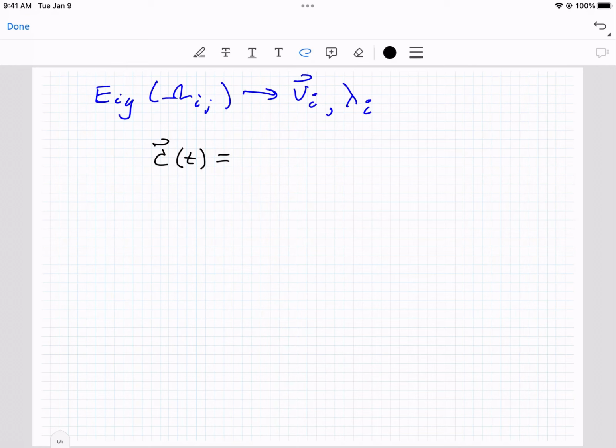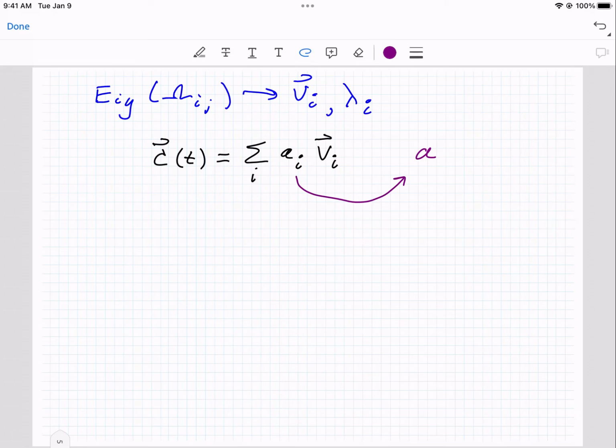This will be equal to a combination over i of some coefficient times the actual eigenvectors of the graph Laplacian. Here we have the eigenvectors of the graph Laplacian. These coefficients are obtained by taking an inner product, right?